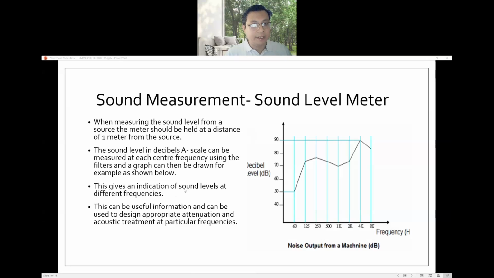Then we can map the sound traveling, and by that we can understand how much, how far the sound travels, and what prevention we can apply before the sound travels into a certain area.